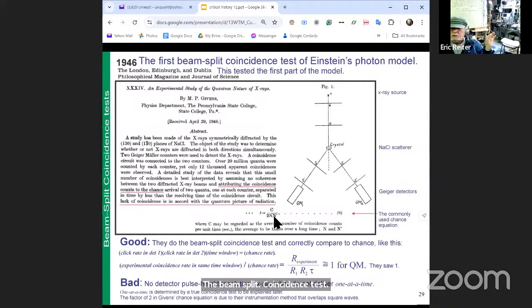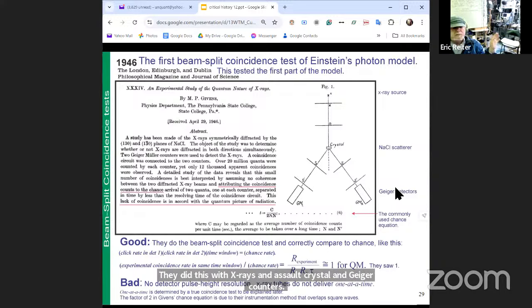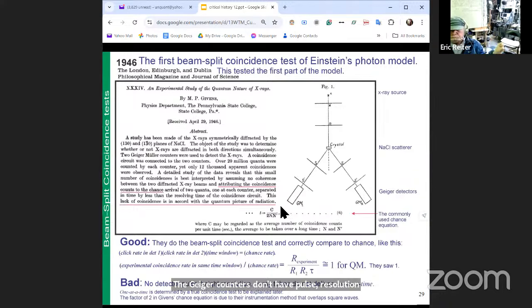So they're using what I call the chance equation. That's right. They do it right. They did this with X-rays and a salt crystal and Geiger counters. And the Geiger counters don't have pulse height resolution, but still, I say they're using the right analysis here. That's how I do it.